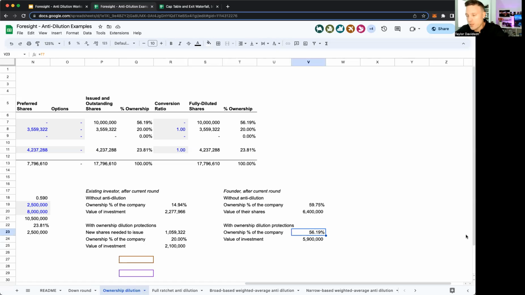There are different reasons to do one versus the other, so it's definitely possible. But I find that adjusting the conversion ratio, if we're using the broad-based formula, is the most common at the moment. But I have definitely seen scenarios where the terms are written so that they issue more shares, right? So all of the calculations that we're going to do can be applied in both ways. So the answer is yes to that.